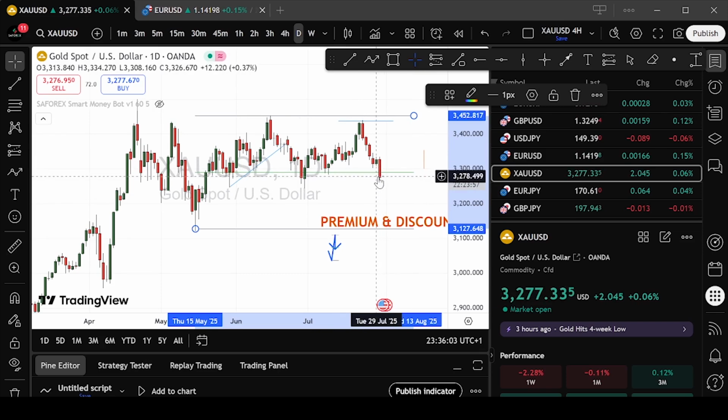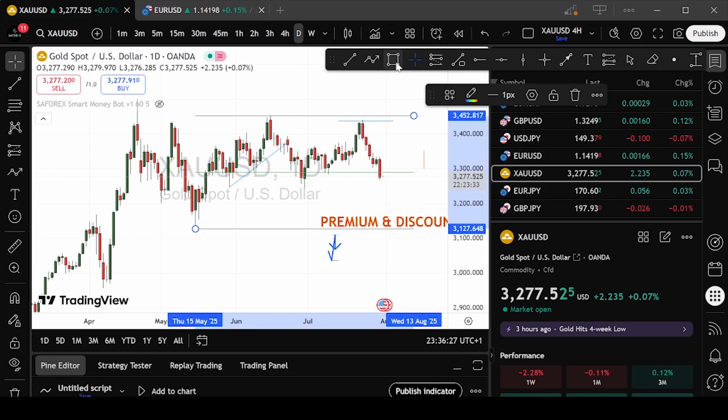It's just entering a discount level, and there is no reference point I can point to. The only reference point I can point to is still within this zone here. That means gold will still take this out, because here serves as my inducement, which is liquidity for the market to be taken out, trapped out.